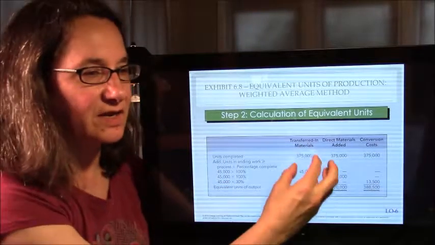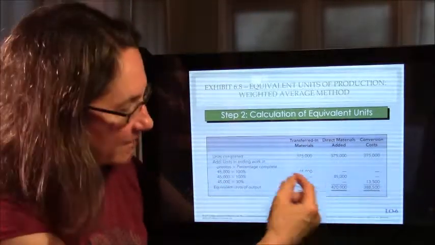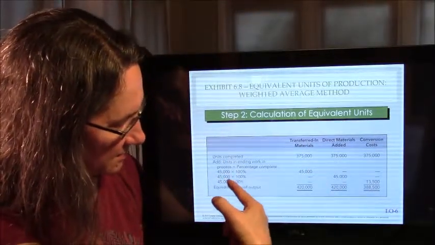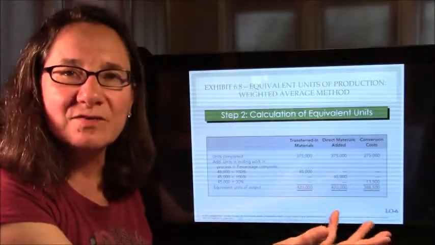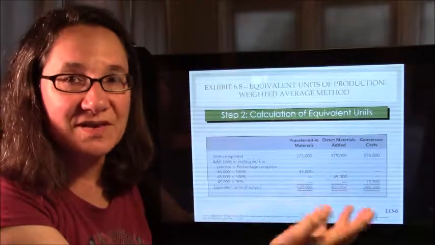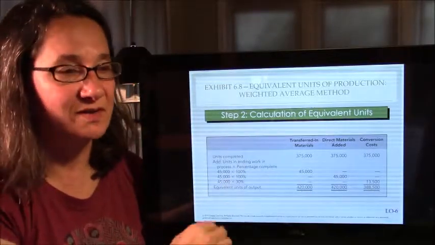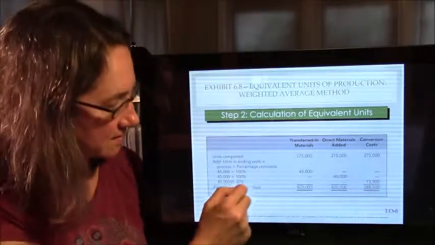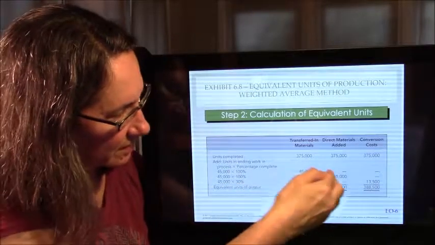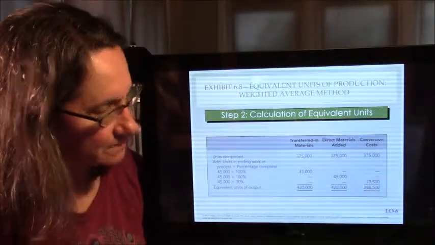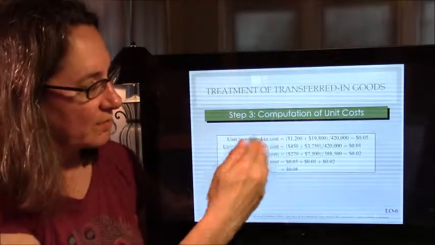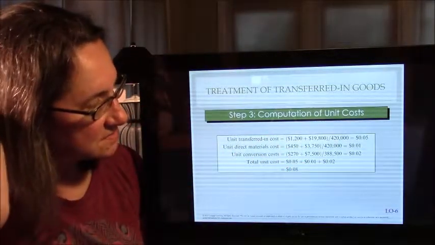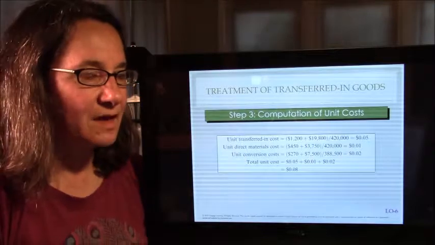Right? So we calculate equivalent units, and again, as you can see, percentage of completion, obviously for problems in this class somebody would just have to tell you they're 30% complete, they're 20% complete, but you just take the units times how complete they are, and that's the equivalent units. Then you compute your unit costs, right?